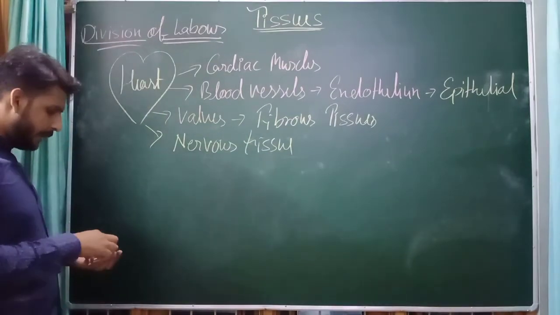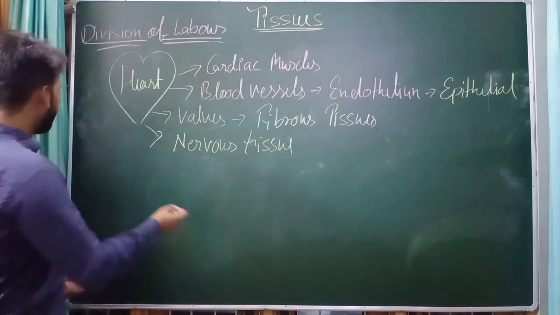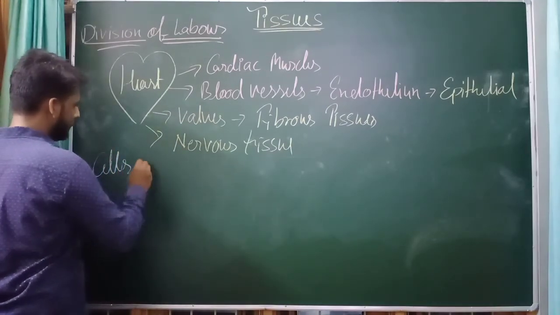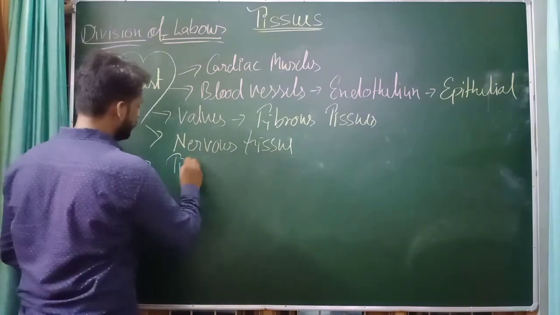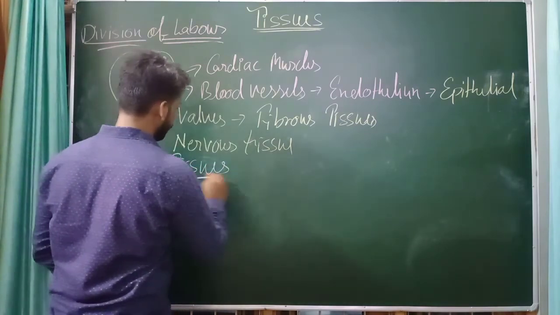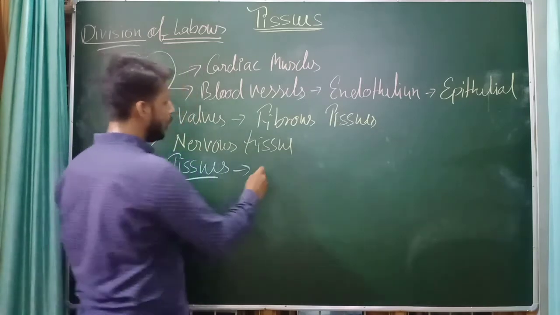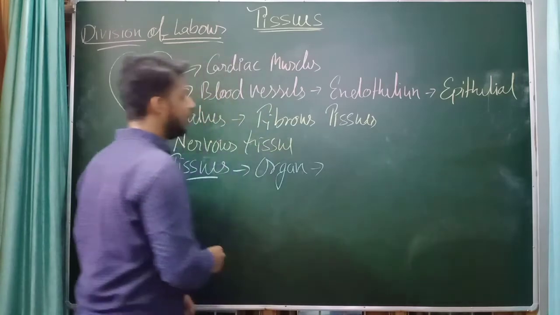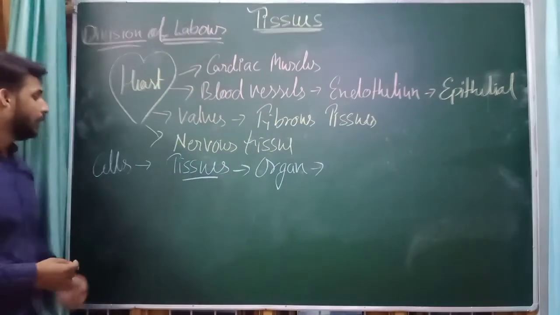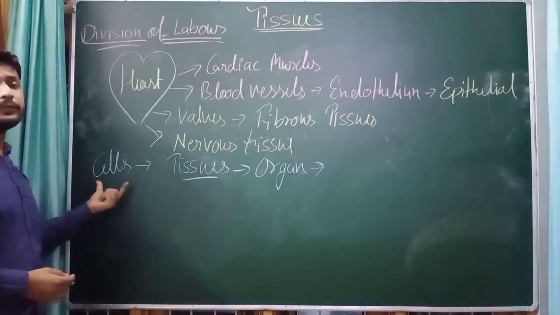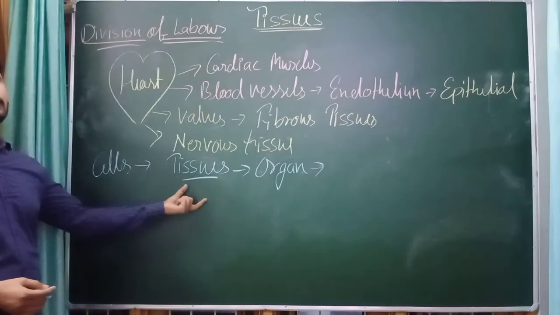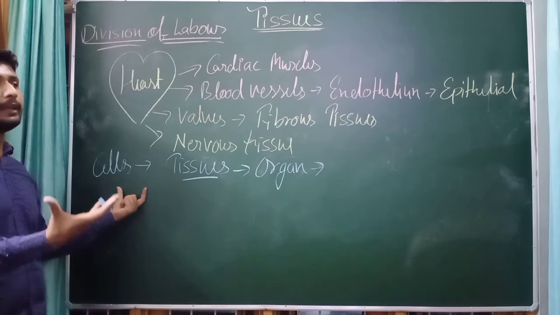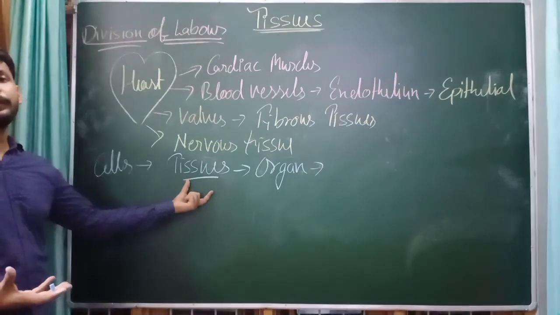So we have studied that cells combine to form tissue. Tissue combines to form organ. That is, one type of cells having common shape and common structure forms the tissue.